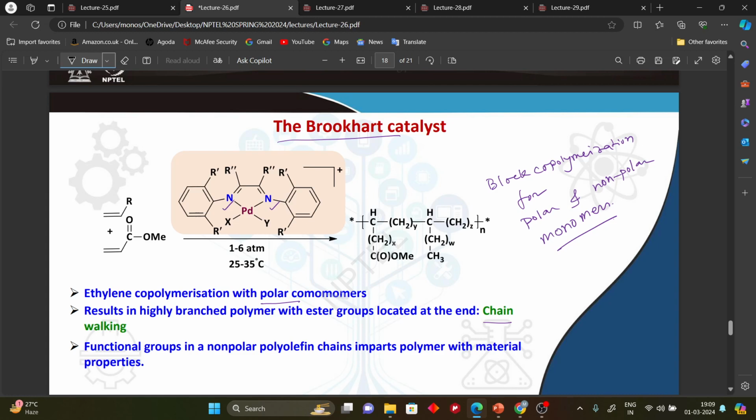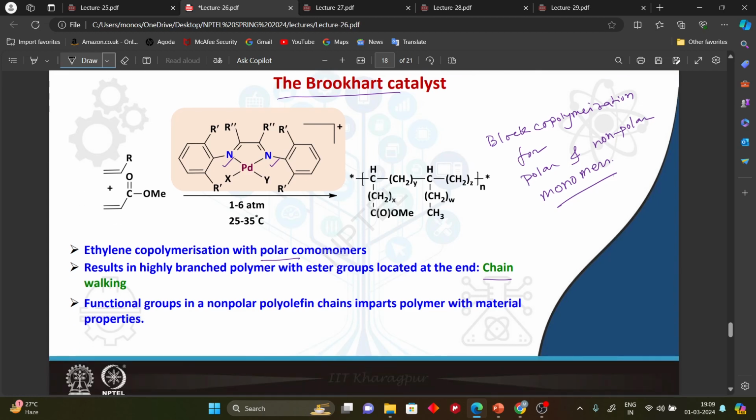So this is the given catalyst itself, what they have given for block polymerization, where non-polar solvents are used. So this kind of branching is there. So ethylene copolymerization with polar comonomer. So this is the ethylene unit, and this polar unsaturated ester is used for branching and chain walking.